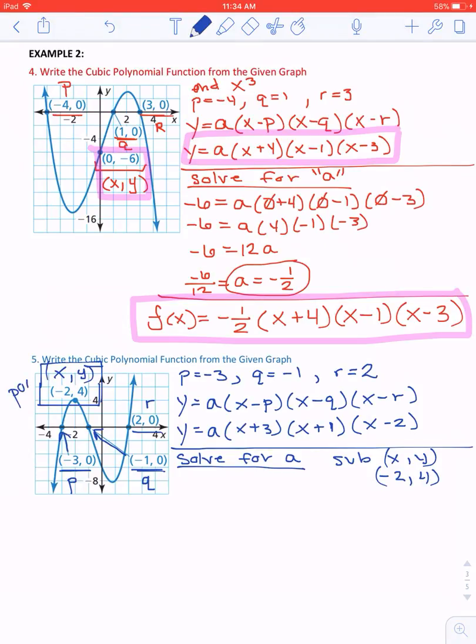Okay, here's our point. You can use any point on there. That one's given to us, so why not use it? Okay, so let's write that out. So 4 equals A times -2 plus 3 times -2 plus 1 times -2 minus 2.